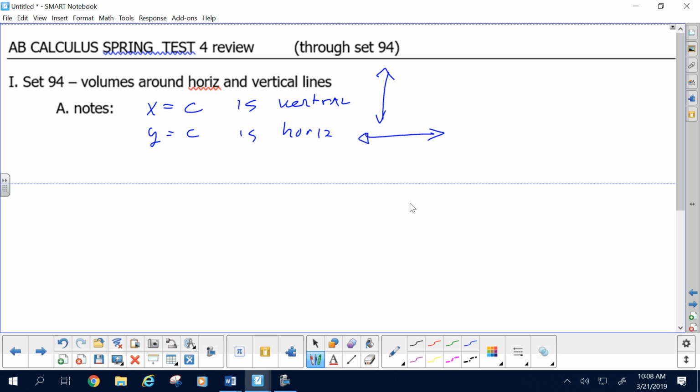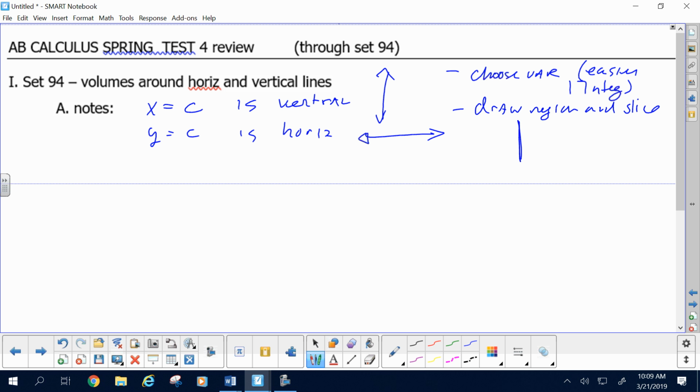Okay? Second, you choose the variable first based on what's easier or what is only one integral. When you go to do one of these volumes, you say, which one do I want to use, x or y? You then draw the region and the slice.